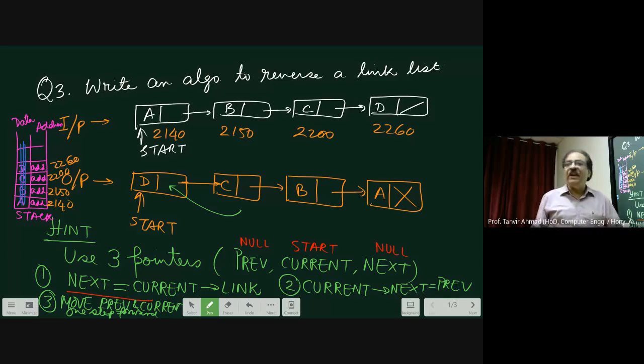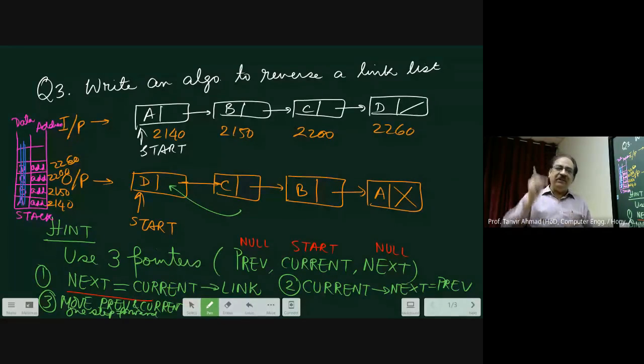You can do it only with the addresses, because if you push 2140, obviously it will contain the data at 2140 also. So basically I am just putting those addresses.